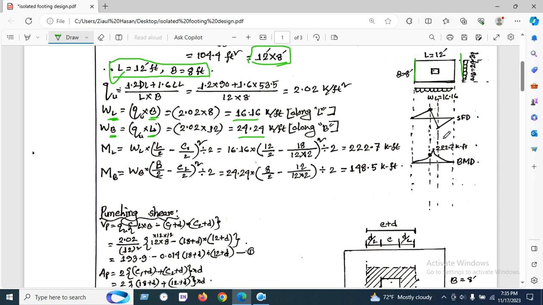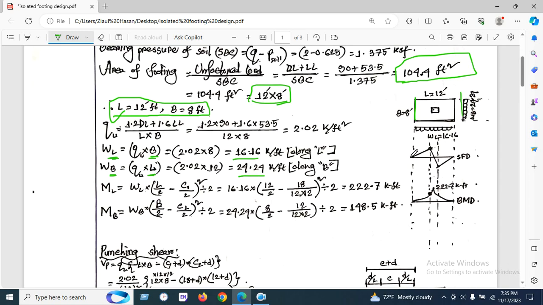Now we can draw the SFD, shear force diagram, and bending moment diagram from this load, or we can calculate the moment directly from a formula. Which one you prefer is your choice. I will now show the direct formula.